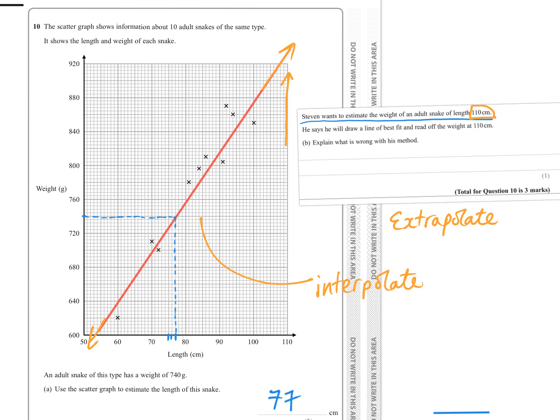So in this case, I would say 110 centimetres is outside of the range of data, so it would be unreliable.